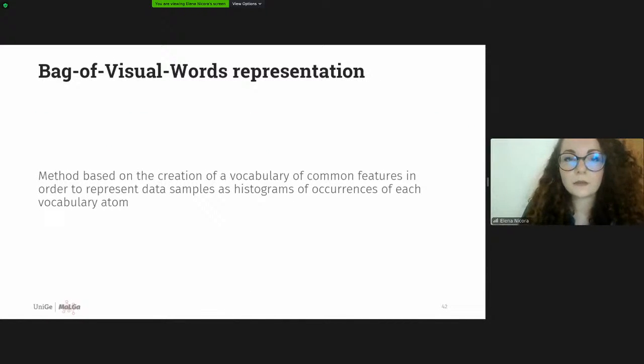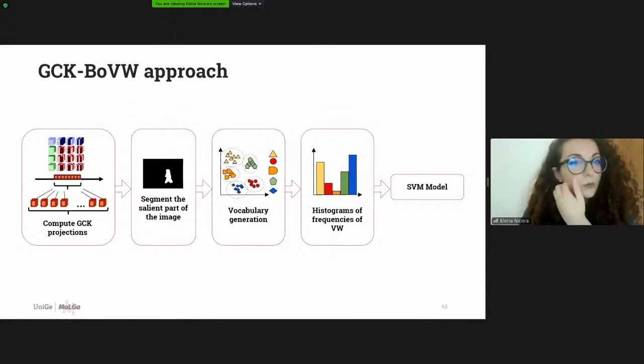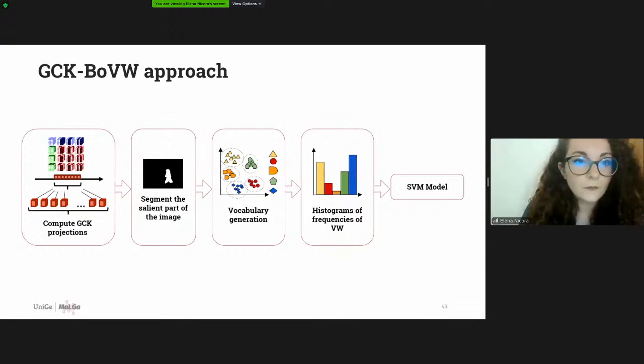A bag of words representation is based on the creation of a vocabulary of common feature vectors in order to represent in a more general way all the data samples. And this is how we formulated our approach.